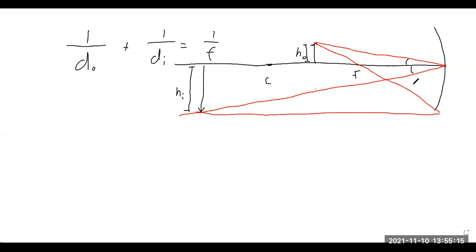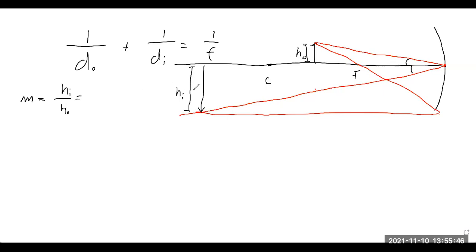Because these angles are the same, the farther that image ends up from the mirror, the more it's grown. We call that its magnification, or the ratio of the height of the image over the height of the object.